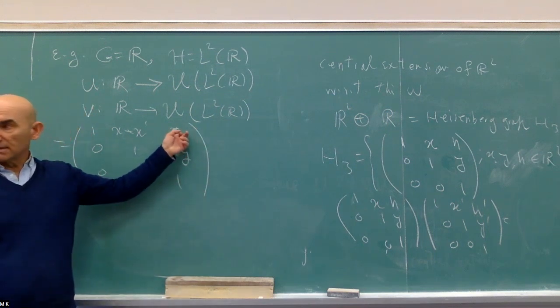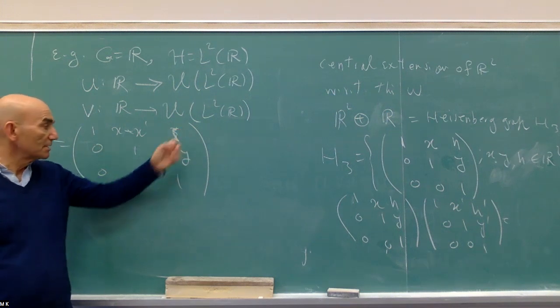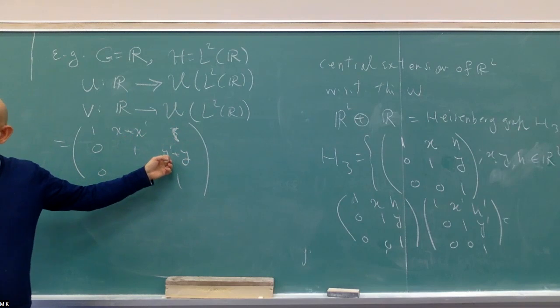This is the part where the group cocycle appears in this case. But you see, this R2 is there.